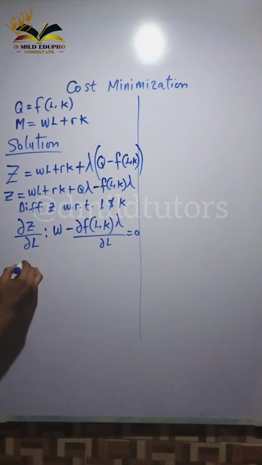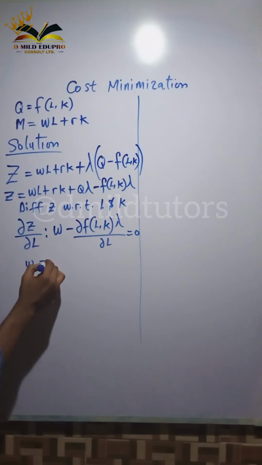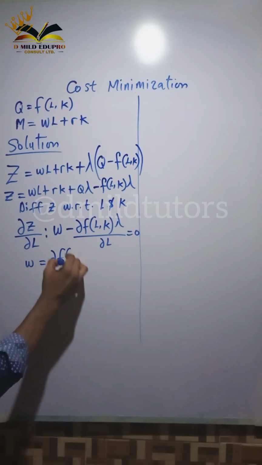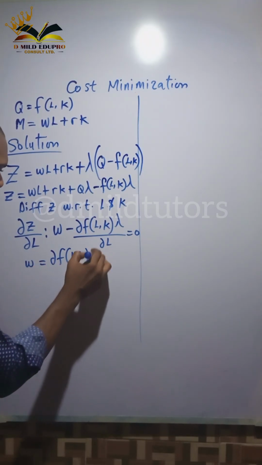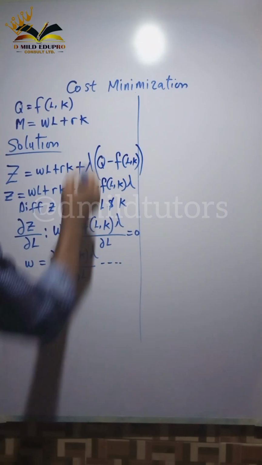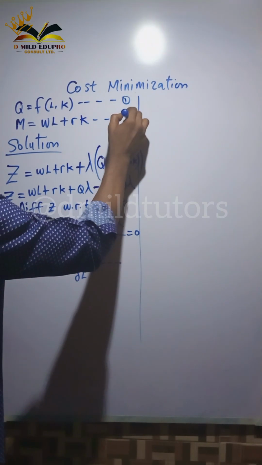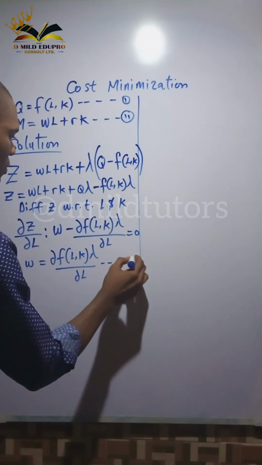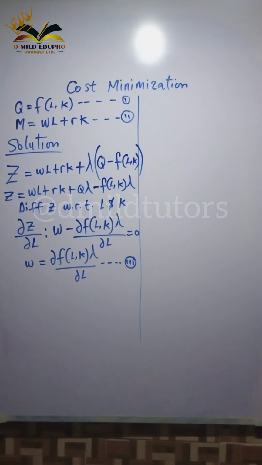If that is done, we are going to have W equal to F of L, K, lambda, all over the L. Let's name this as equation 1, equation 2, and this will be equation 3. Are we following?